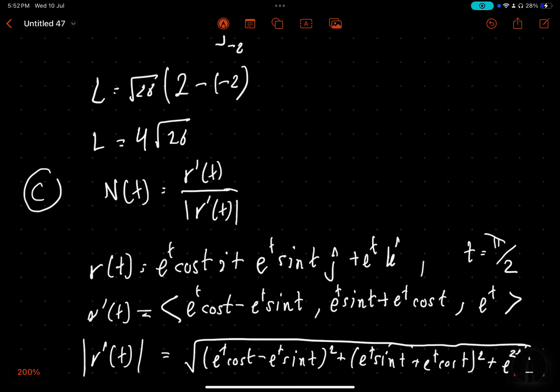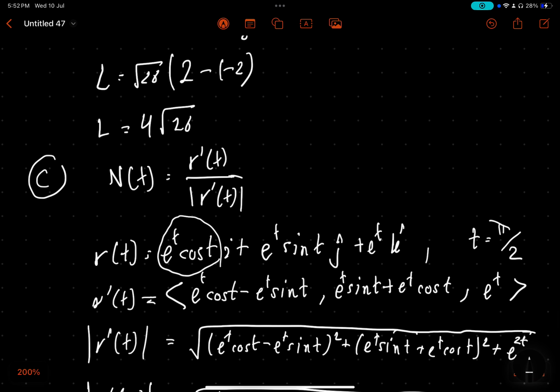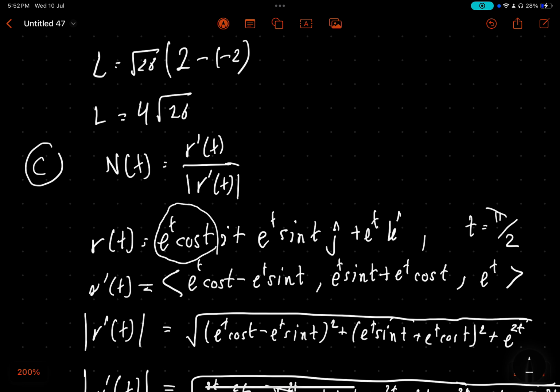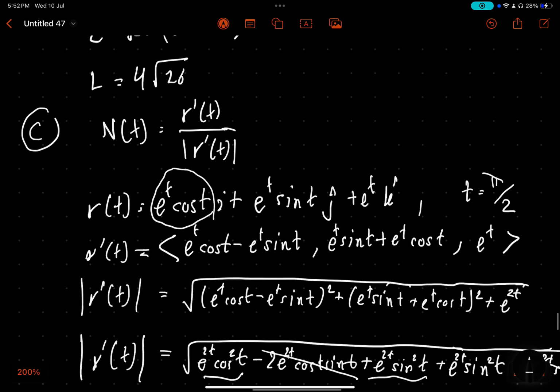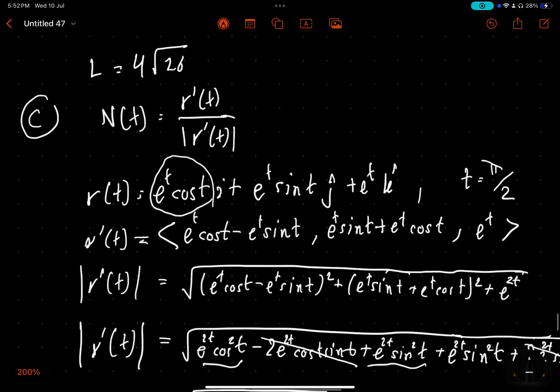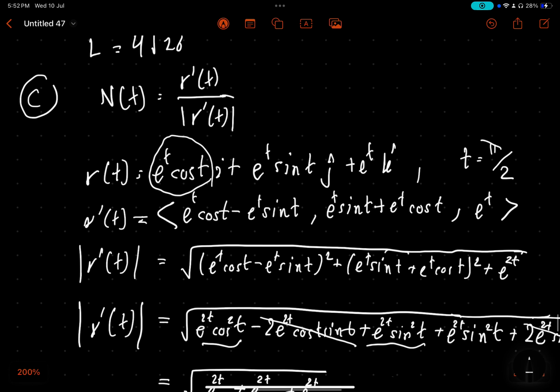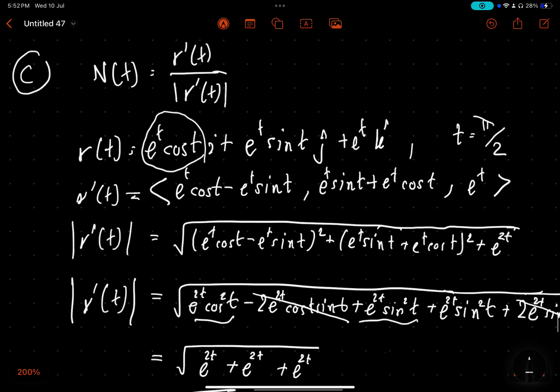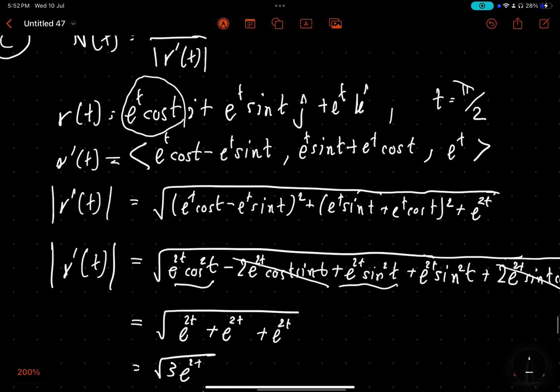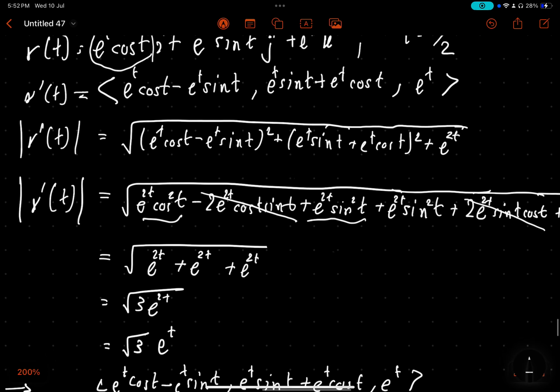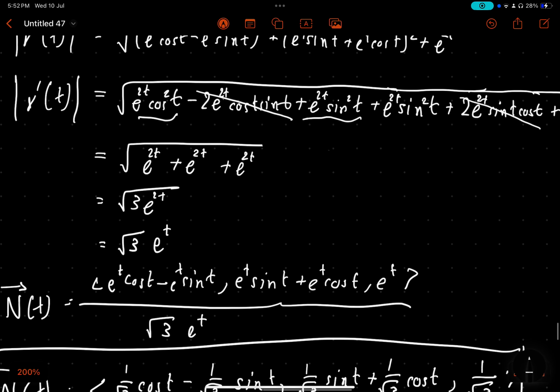Okay, so differentiating this with respect to t will require us to use the product rule. So e to the t cosine of t minus e to the t sine of t. We can take e to the t as common factor. That's true, we can do that. Here we're gonna find absolute value. We're gonna get root 3 e to the t.